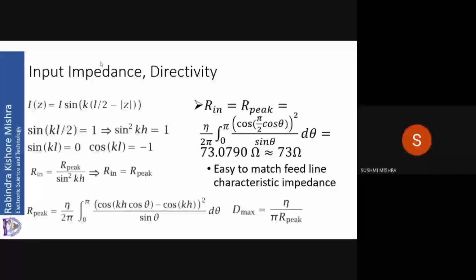That implies sin square KH is equal to 1. Similarly, sin KL will be equal to 0, which implies cos KL will be equal to -1. Why? KL is equal to pi. So sin pi is equal to 0, cos pi is equal to -1. So remember these values.